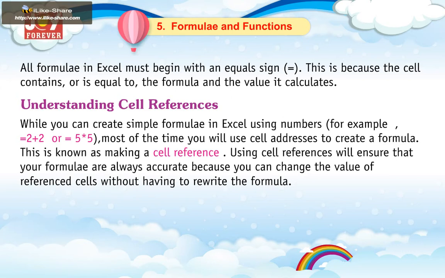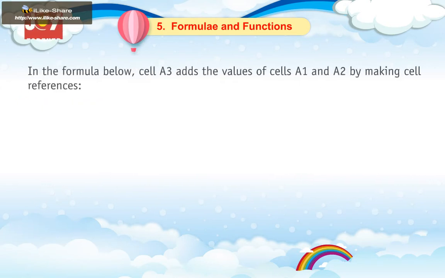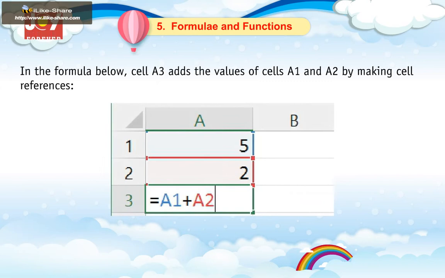Using cell references will ensure that your formulae are always accurate because you can change the value of reference cells without having to rewrite the formula. In the formula below, cell A3 adds the value of cell A1 and A2 by making cell references.